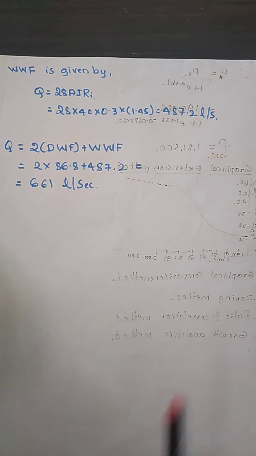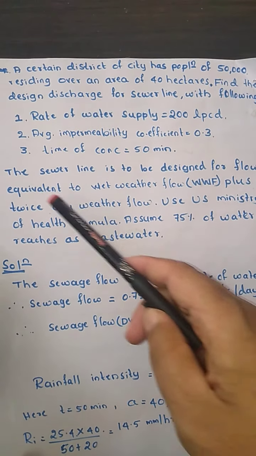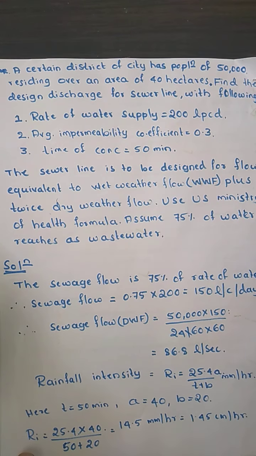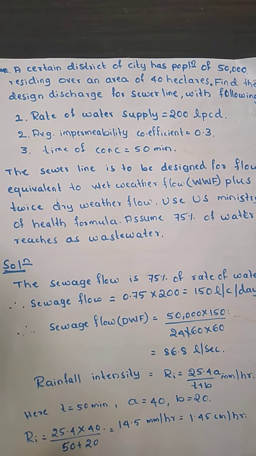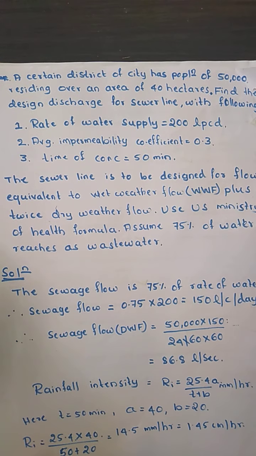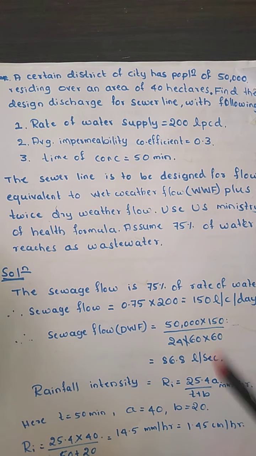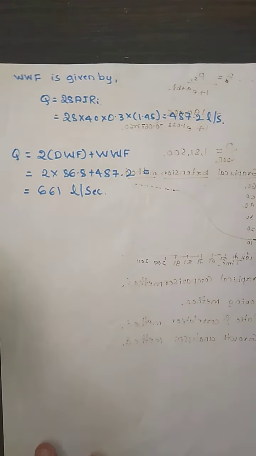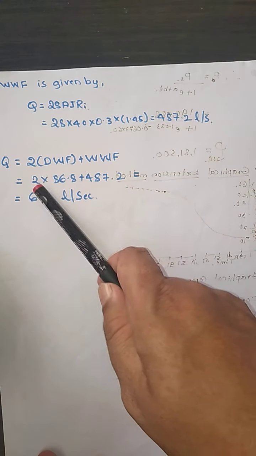Then they have told one condition in the problem: the sewer line has to be designed for a flow equivalent to wet weather flow plus twice the dry weather flow. So the total wastewater flowing will be 1 wet weather flow and 2 times the dry weather flow.